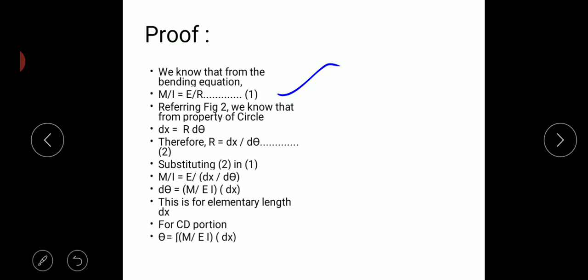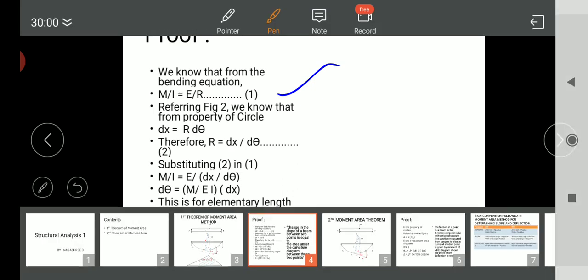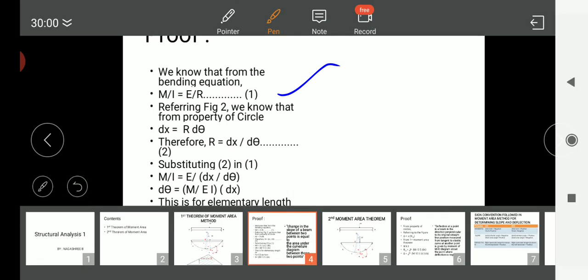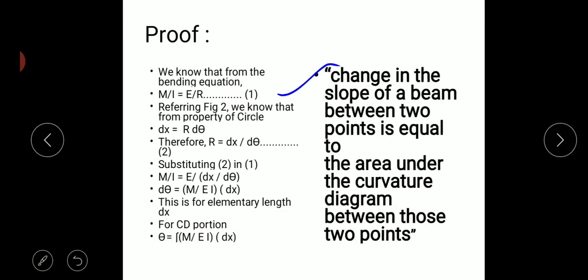So theta will be equal to the integration from C to D of M by EI times dx.